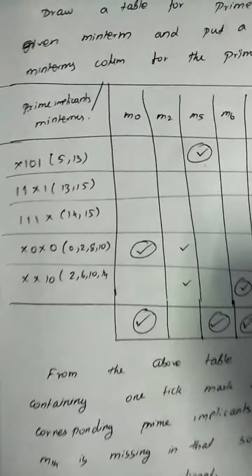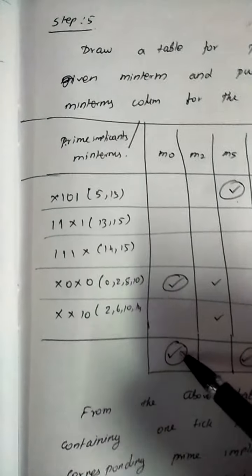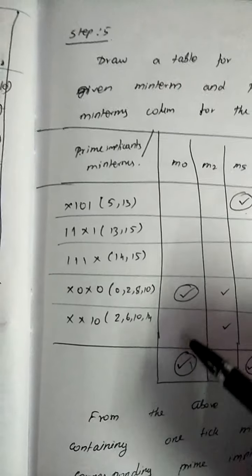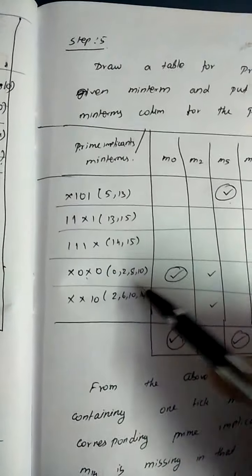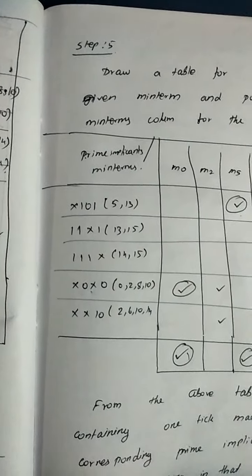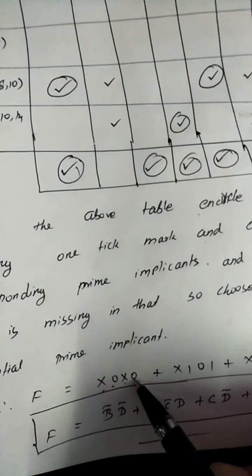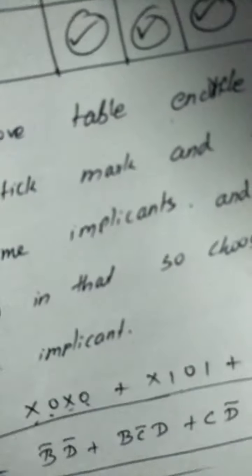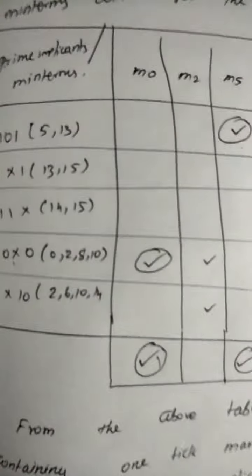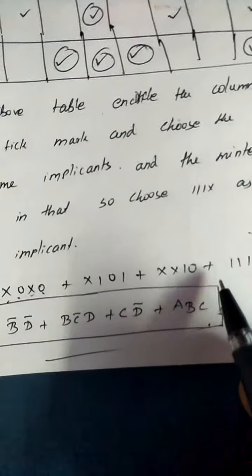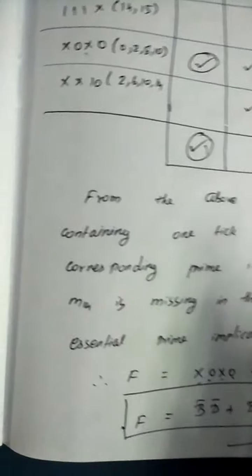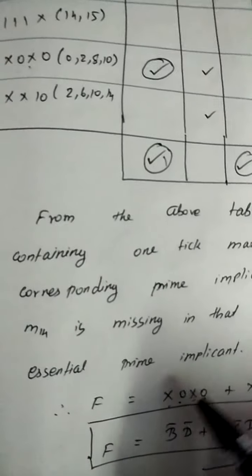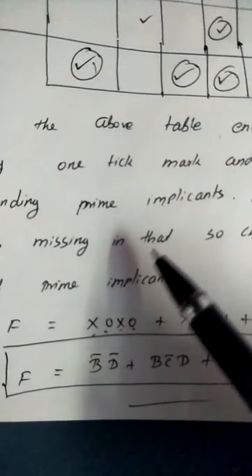Now select this single-tick column, then the corresponding prime implicant, that is x0x0, is taken. Similarly, select all the columns with one tick mark and write all the values here. Now we write the binary terms with letter symbols.